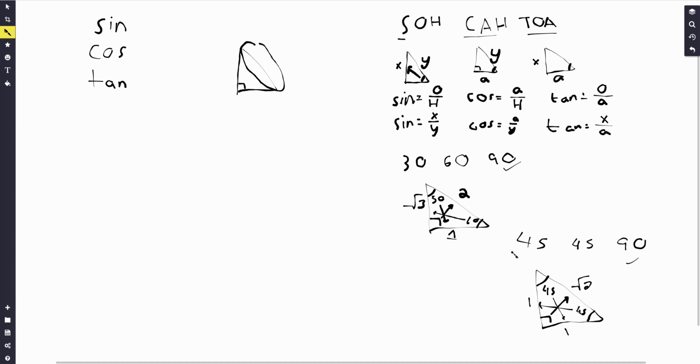Okay, now let's get to some examples. I'll make sure to include this on the side, just so you guys have a quick memory aid while we're doing the examples, but I'm going to create a new slide now.